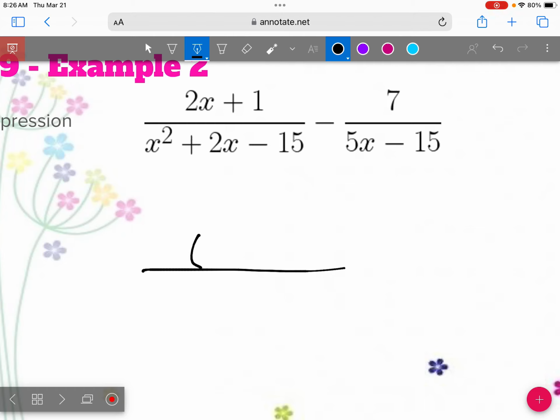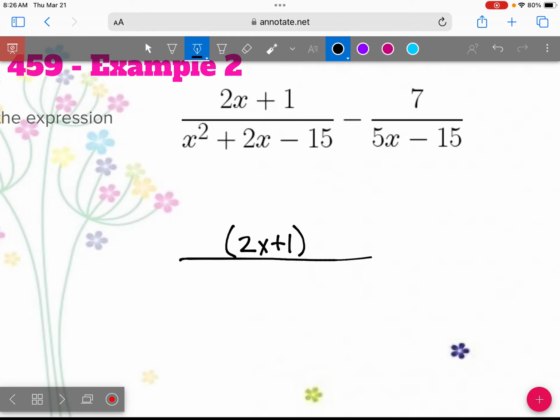So my numerator on the left is my 2x plus 1. There's no GCF there, nothing crazy. So then we're going to look at our denominator here, and we're going to factor this. So I'm going to use my a times c, 1 times negative 15 is negative 15, b is positive 2.